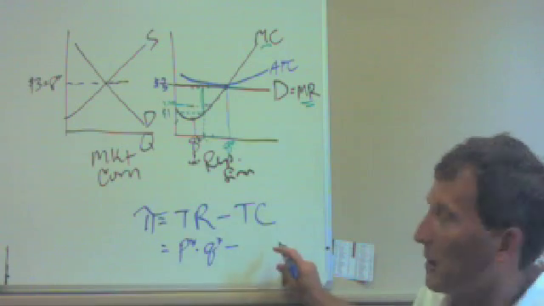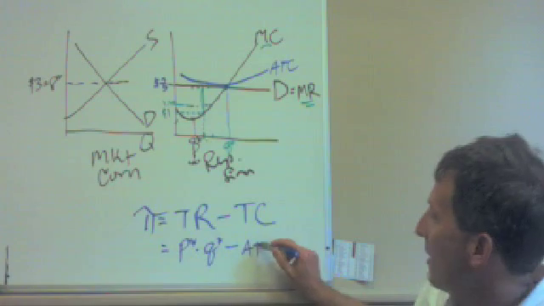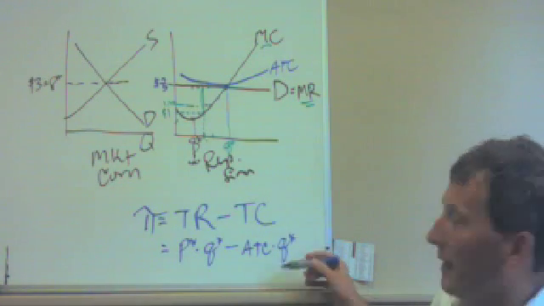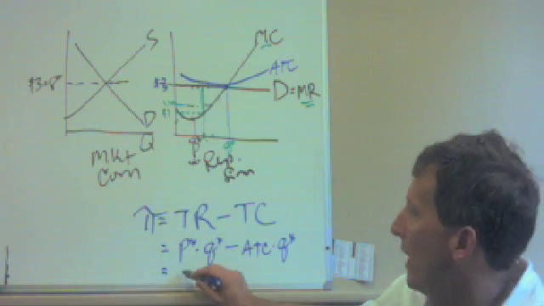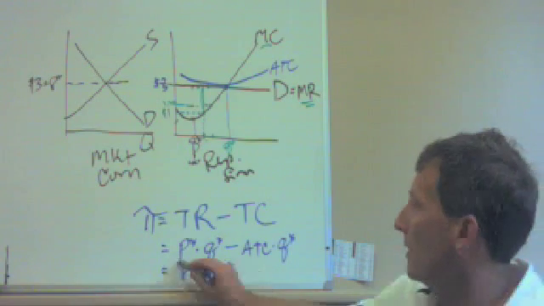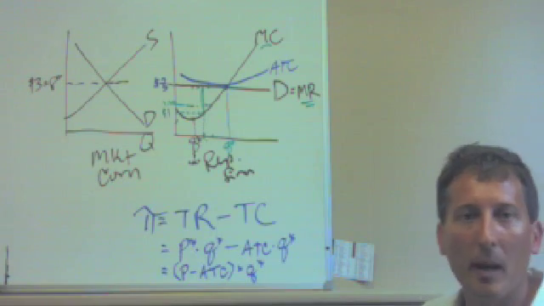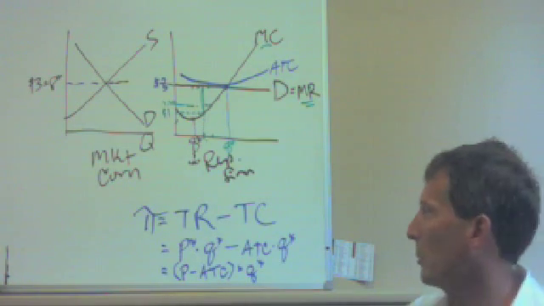We can manipulate total cost and think about the average total cost per unit times the number of units that I had. That gives us a different way of thinking about the profit equation as the difference between price and average total cost times the quantity that we made.